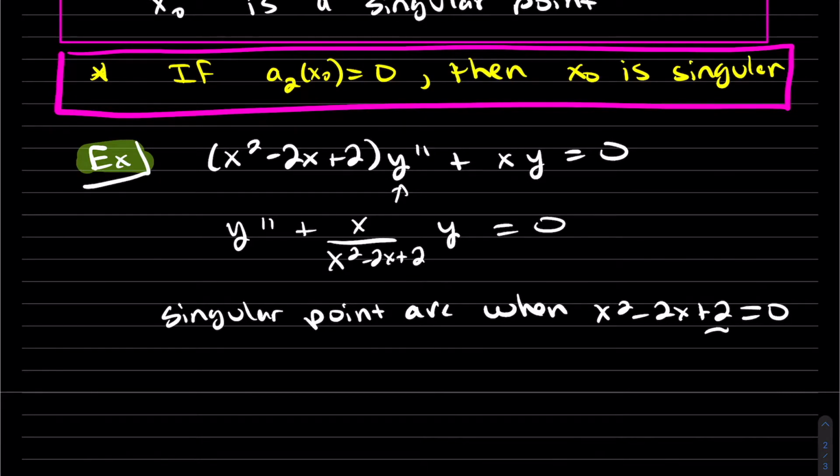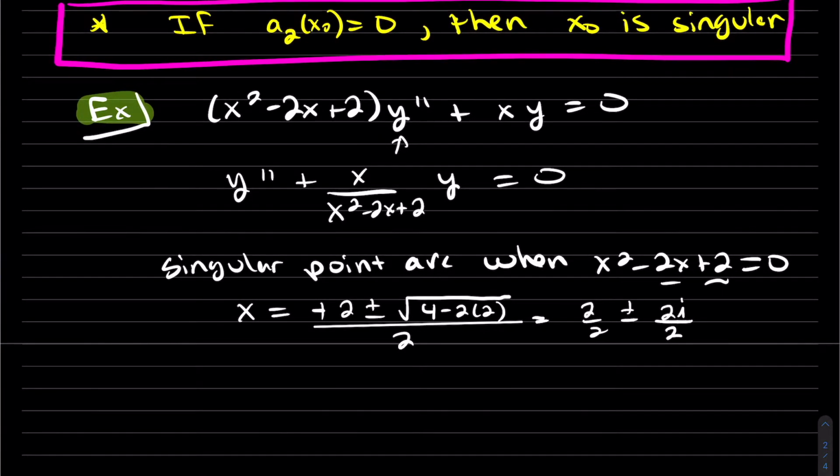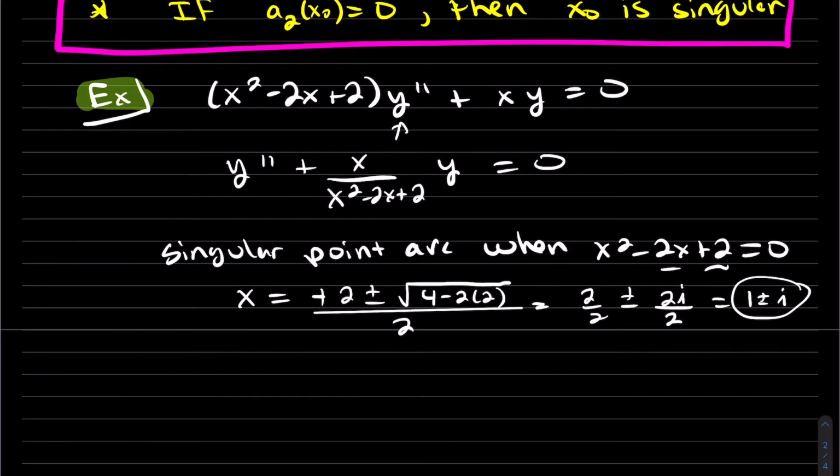I can pretty much see it's not going to factor, so I'm going to use the quadratic formula. So 4 minus 8 is minus 4, so that's 2i. So we actually have 2 singular points.